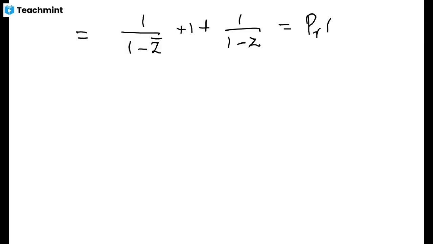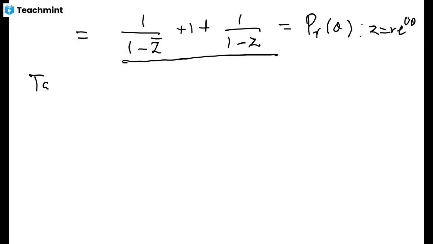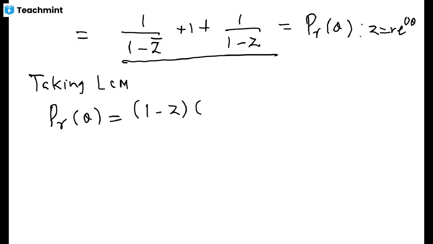Now let us further simplify it by taking the LCM. Another immediate thing that I can get is 1 minus z into 1 plus z conjugate, plus z into 1 minus, so what is it, z?